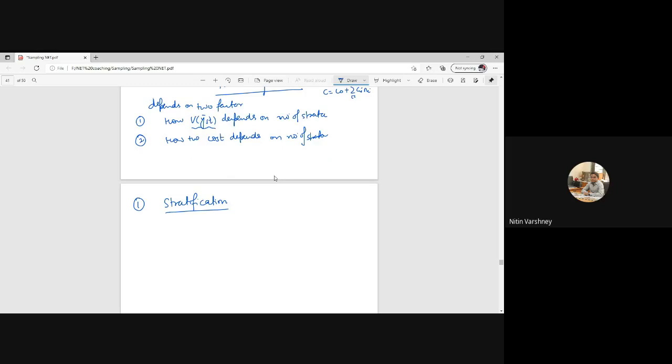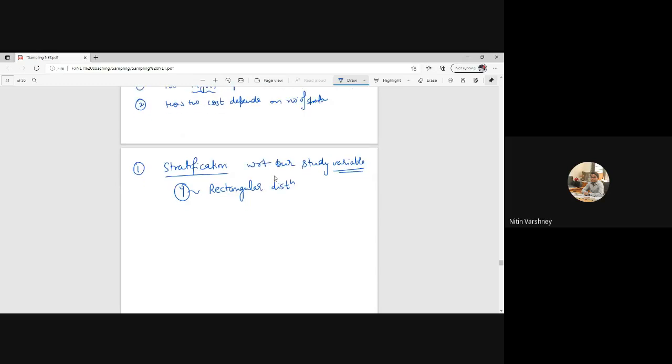Suppose I am going to study yield, so this is my study variable, and this study variable will follow a rectangular distribution throughout the range, i equals 1 to k.